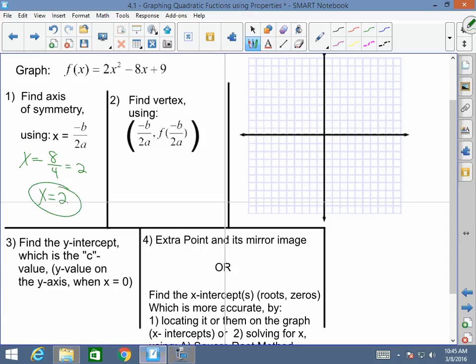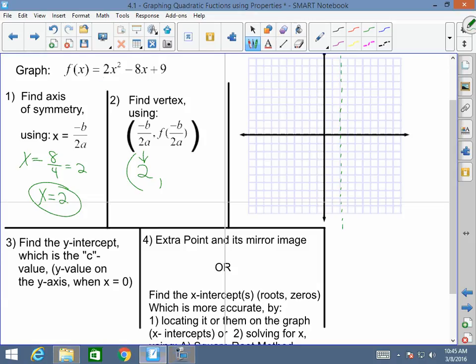So what am I going to do? I'm going to graph my axis of symmetry, a dashed invisible line going through x equals 2. Now that x equals 2, I'm going to find my vertex. My vertex is my axis of symmetry value, which is the negative b over 2a, which I already found to be 2. And then the y value when I plug that x value into the function.